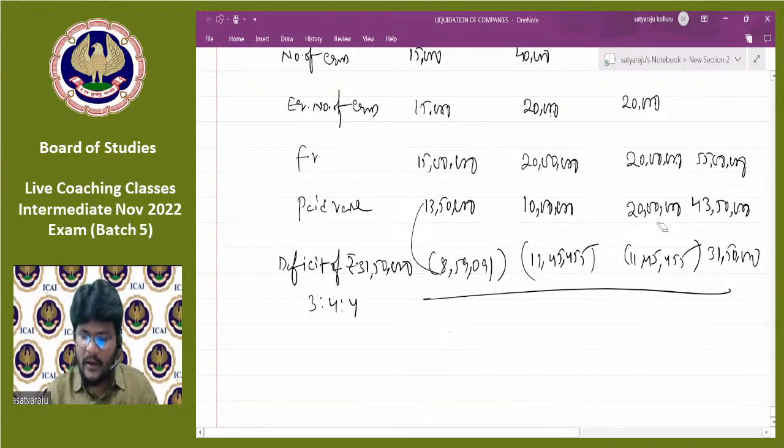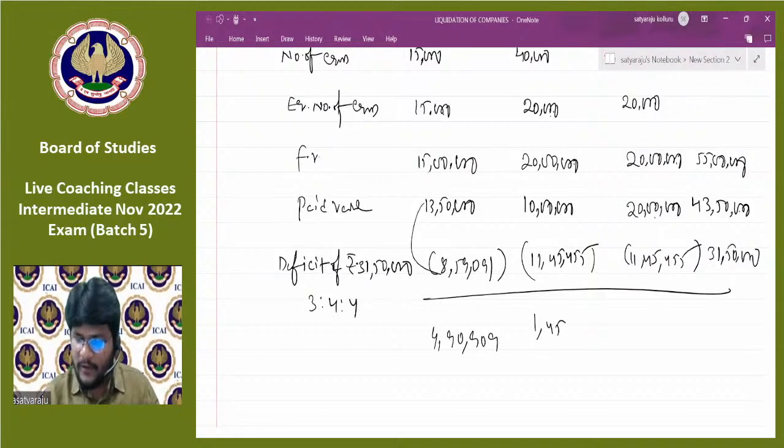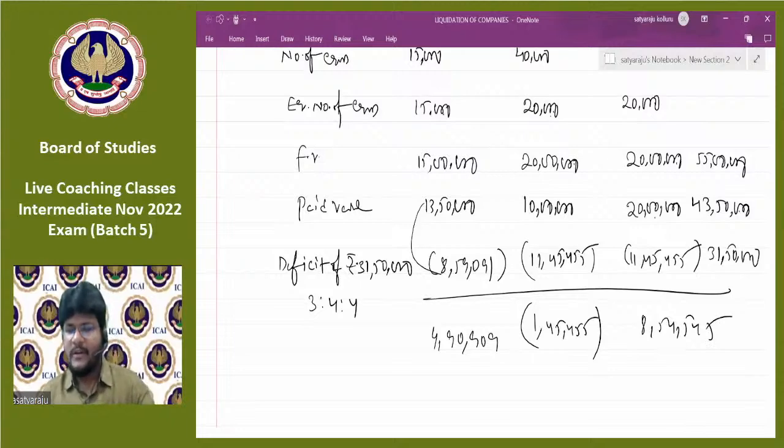Now you can check the difference. 13,50,000 minus 8,59,091, 4,90,909, positive figure here. 1,45,455, negative figure here. 20 lakhs minus 11,45,455, 8,54,545.